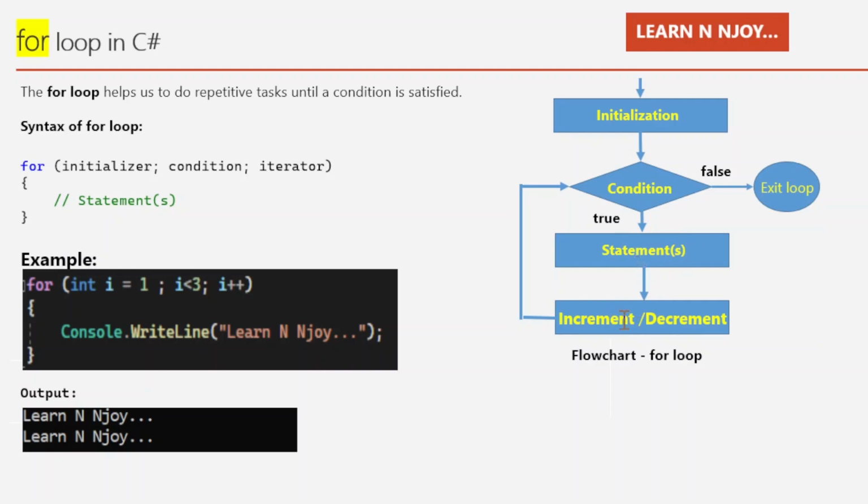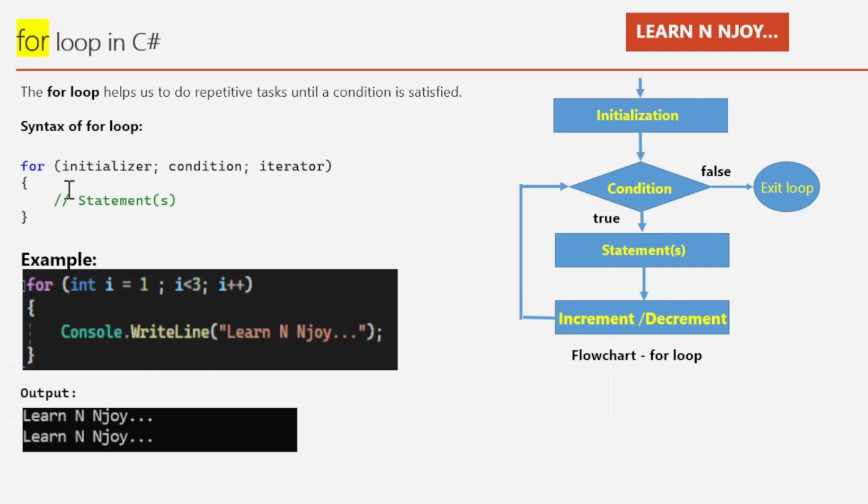And then the increment or decrement operation gets performed and that completes one loop. Again, it reaches the condition section and verifies whether this condition is true or false. If it is true, then it enters into the loop and this process goes on until the condition check turns out to be false and then it exits the loop. If the condition check itself turns out to be false the first time, then it never enters into the loop.